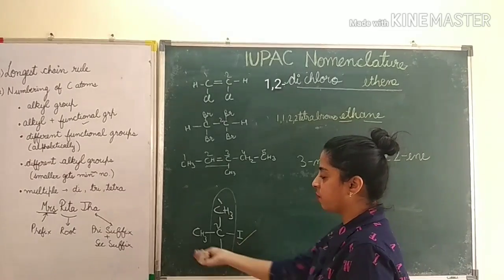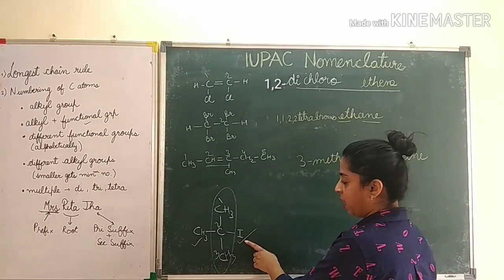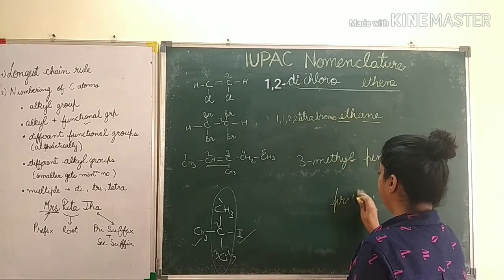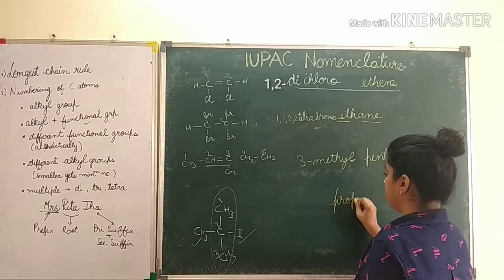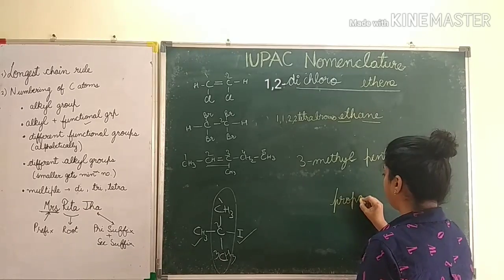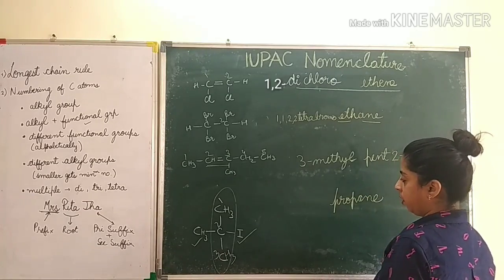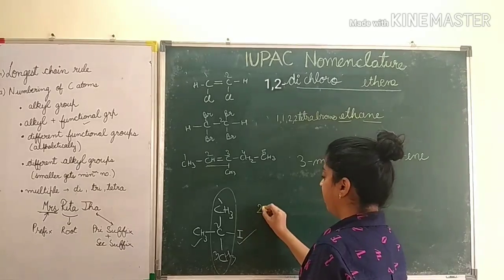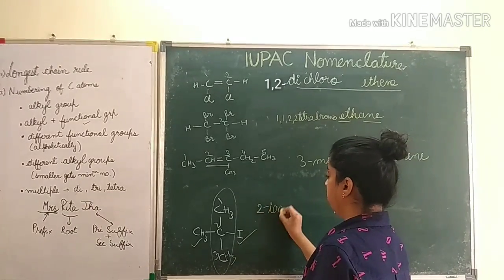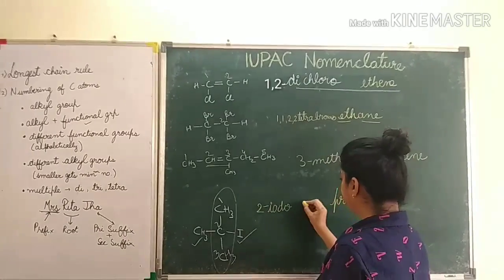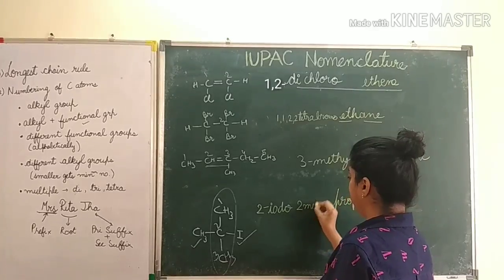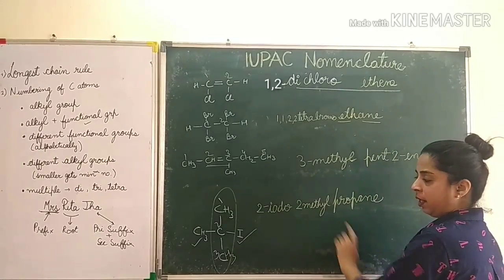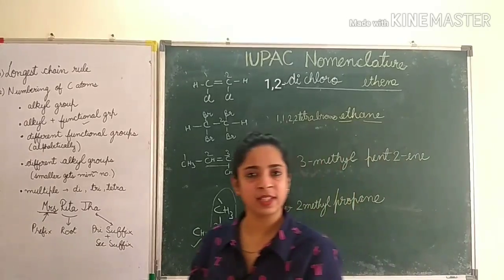Iodo comes first and methyl comes later. So first we will write prop. Single bond is there, so propane. Then at the 2 position, methyl and iodo. So first we will write iodo: 2-iodo-2-methylpropane. Right? Now let's do some more examples.